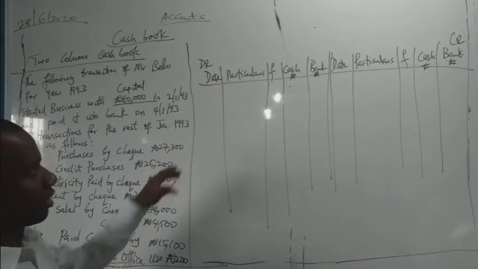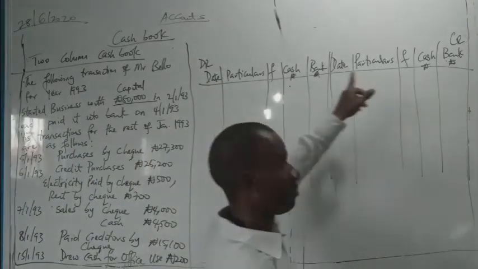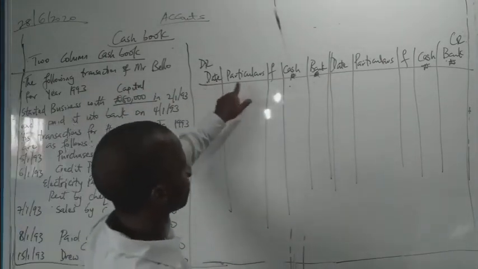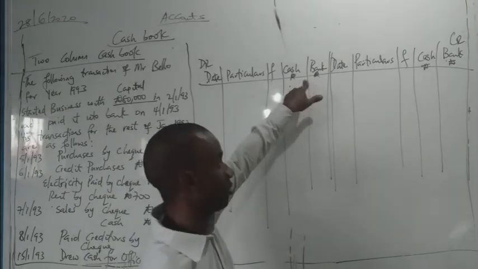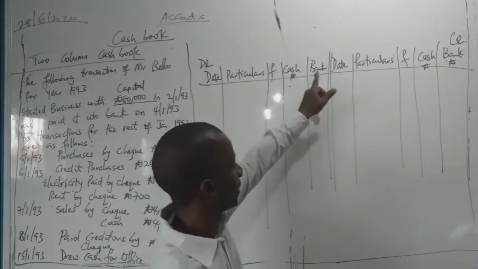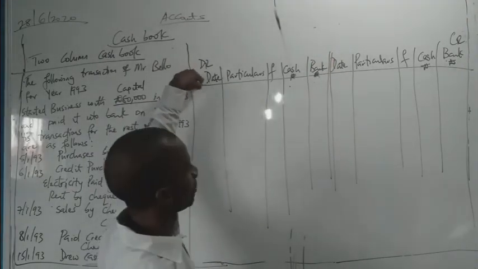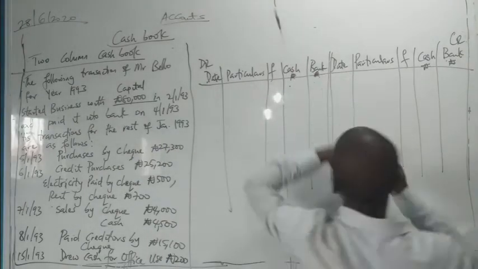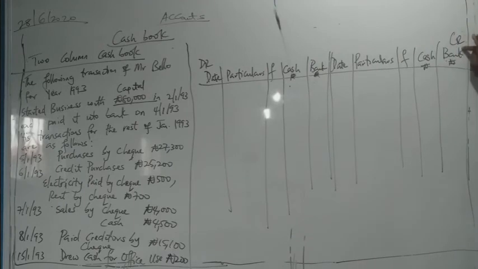Now before we do any recording, look at this format. You can see the format of a 2-column cash book. The date, particulars, folio, cash, bank. These 2 lines show the debit side started from here and stopped here, while the credit side starts from here: date, particulars, folio, cash, and bank.